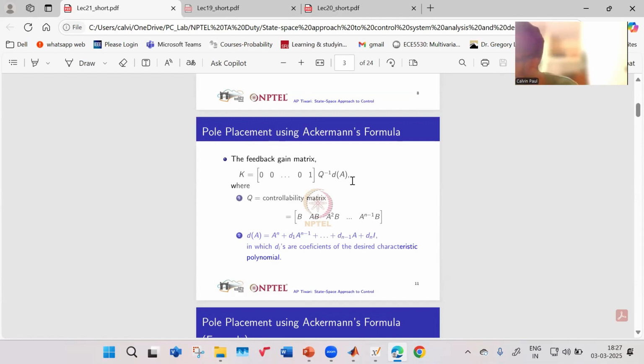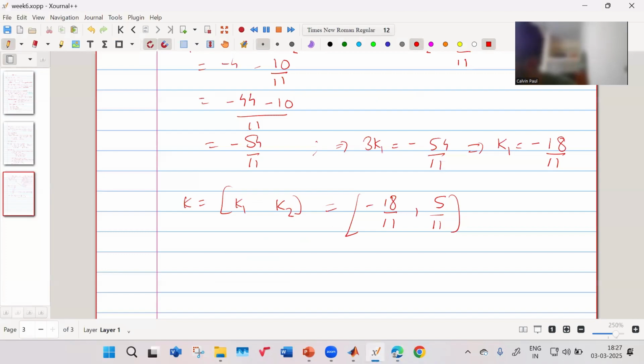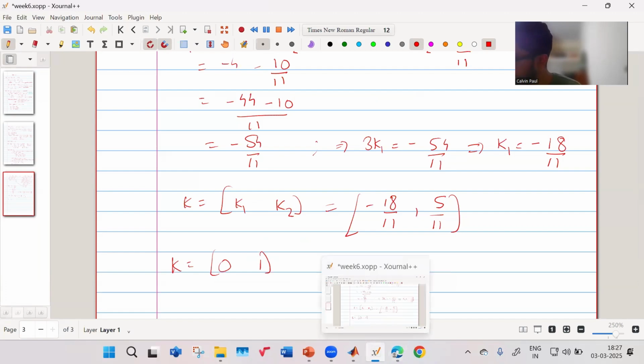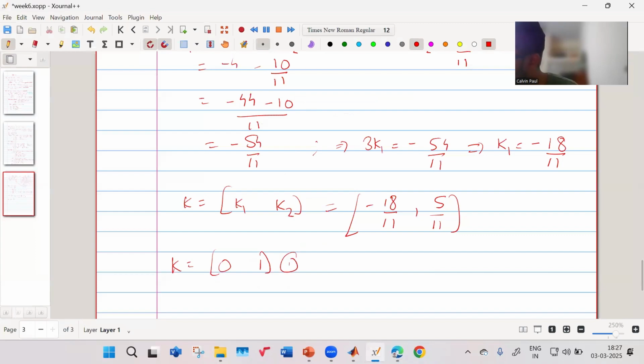Let us check using that method. K is 0, 1 in this case because it is second order only, so K is 0, 1 Q inverse into D of A.